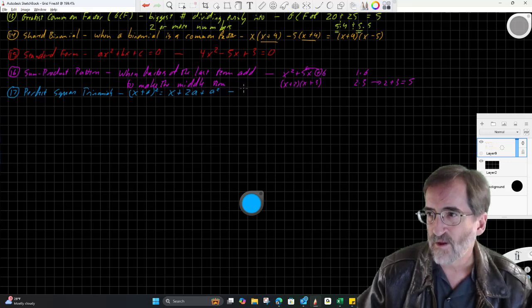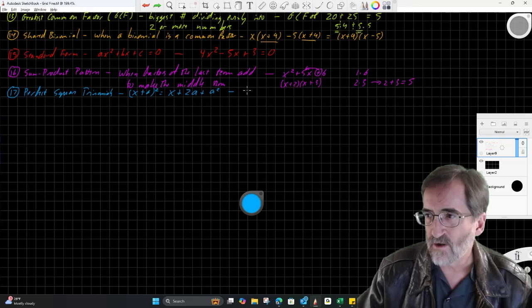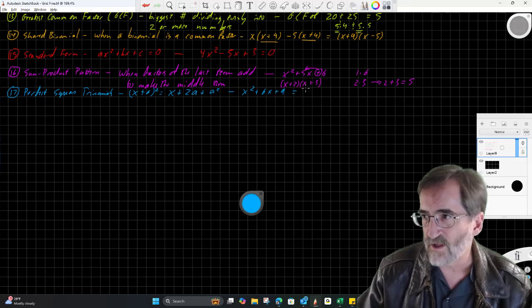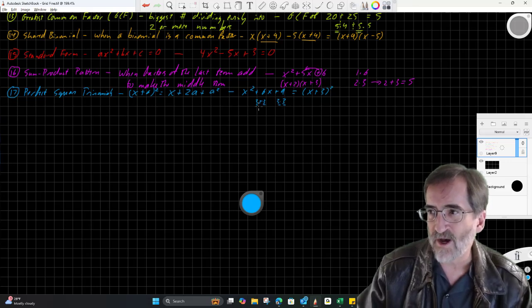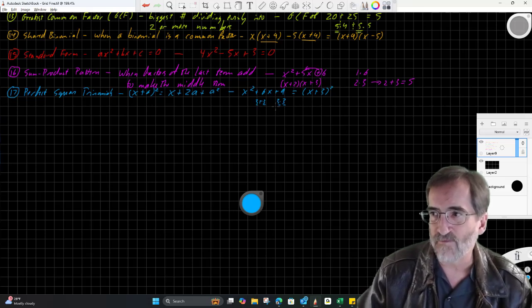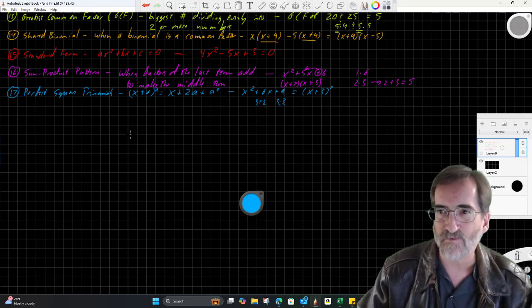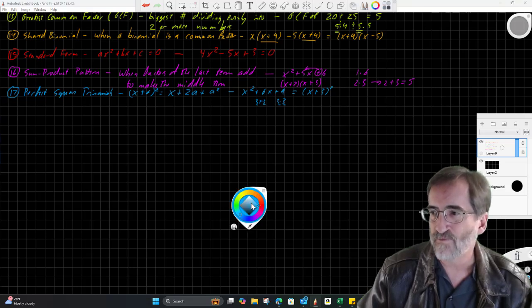Example: x squared plus 6x plus 9 can be written as x plus 3 squared. 6 is 3 plus 3. 9 is 3 times 3. So the sum product pattern is that it's the same number added and the same number multiplied. It makes a perfect square trinomial.